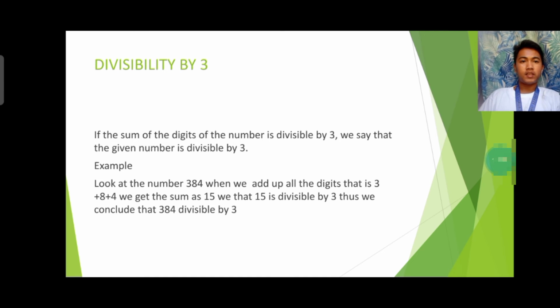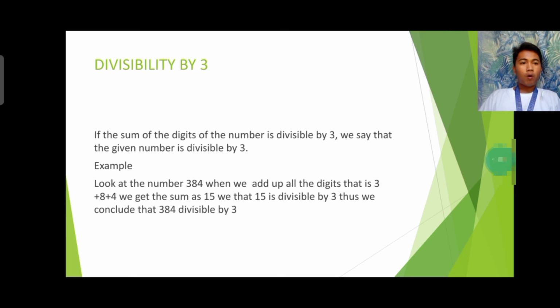Next, divisibility by 3. If the sum of the digits of a number is divisible by 3, we say the given number is divisible by 3. Example, look at the number 384.